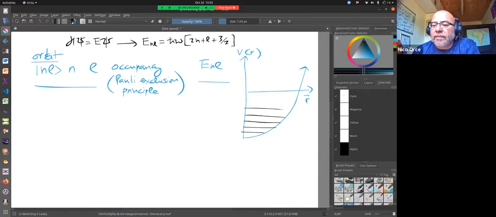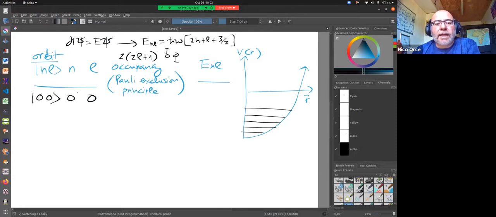These guys here. So for that, let's begin by giving this guy the 0, 0 value. So that will be 0, 0. The occupancy will be 2 times 2L plus 1. 2, because there's a possibility to have the spin up and the spin down.